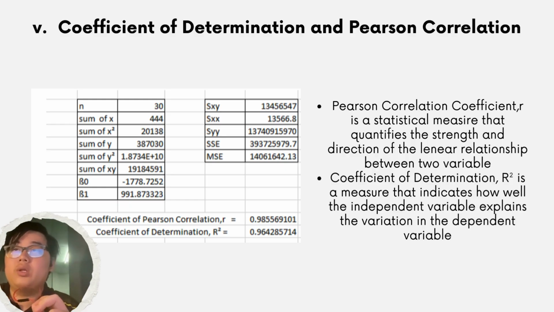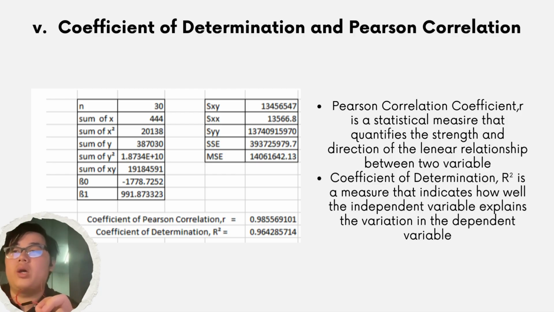So this part is about the coefficient of determination and Pearson correlation. The Pearson coefficient is a statistical measure that quantifies the strength and direction of the linear relationship between two variables. And the coefficient of determination is a measurement that indicates how well the independent variable explains the variation in the dependent variable.